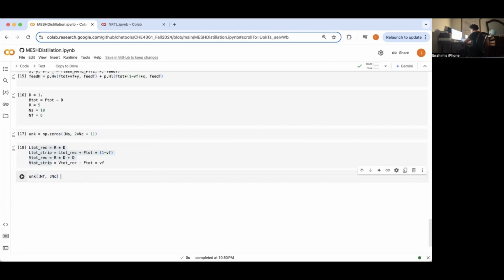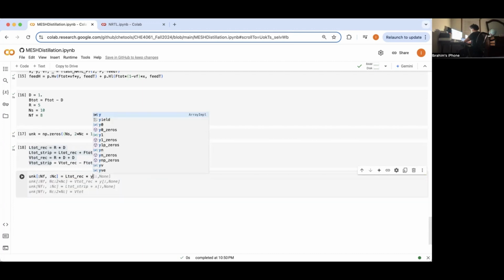And then this is going to be equal to our L total, starting with our rectifying, multiplied by our Y, which is our vapor composition. We just want to make sure that looks right: the total rectifying times y and f.